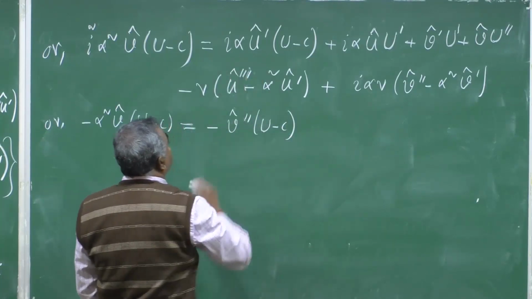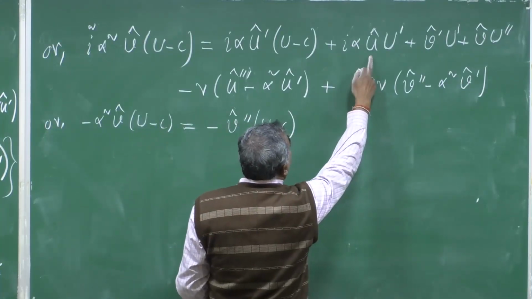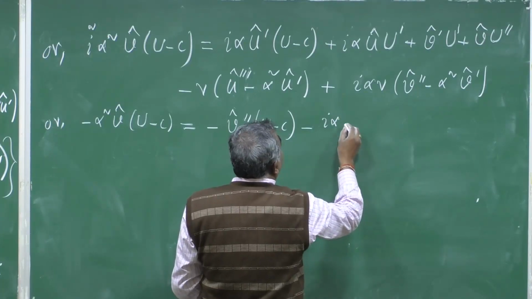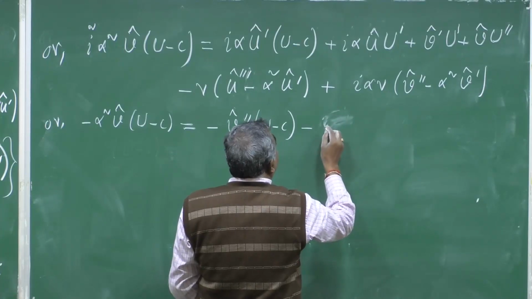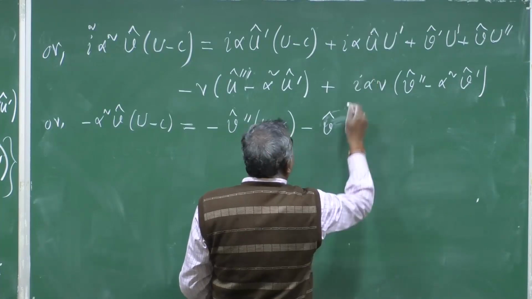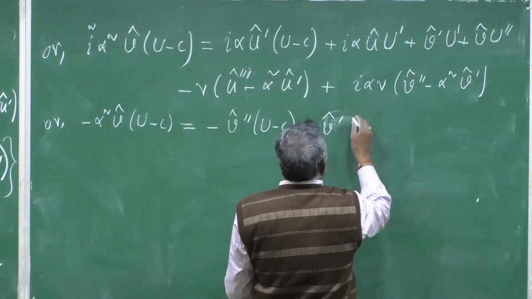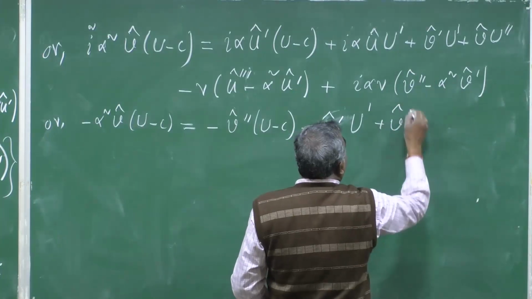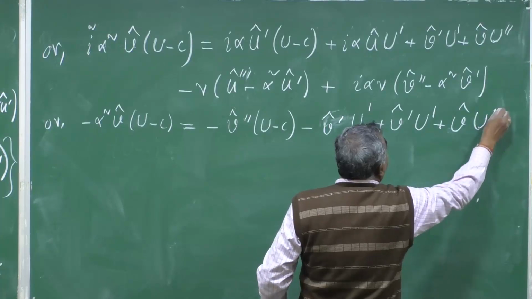This is coming from the continuity equation. Then iα u hat is equal to minus v hat prime, so minus v hat prime u prime, plus you see that v hat prime u hat prime, they will cancel out, here v hat u double prime.